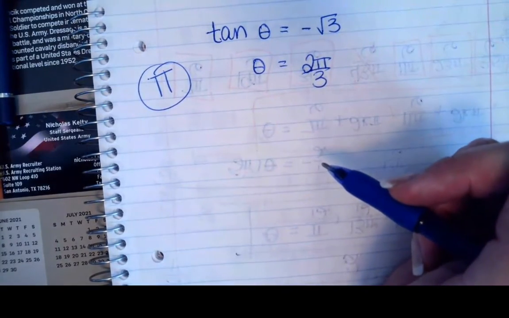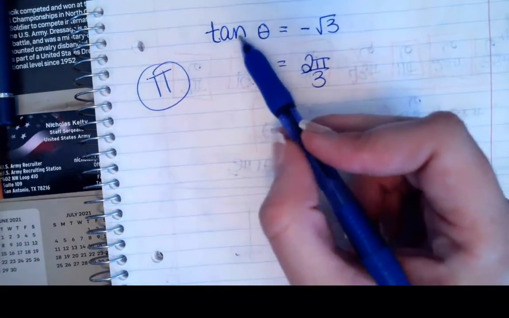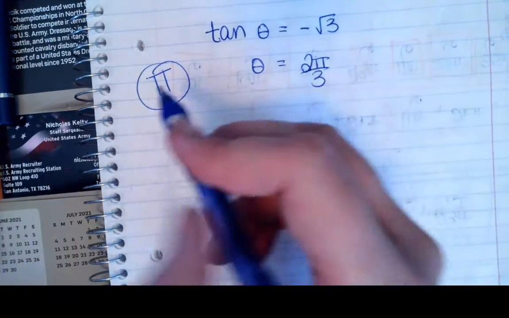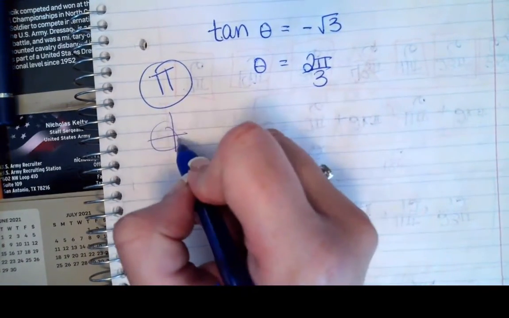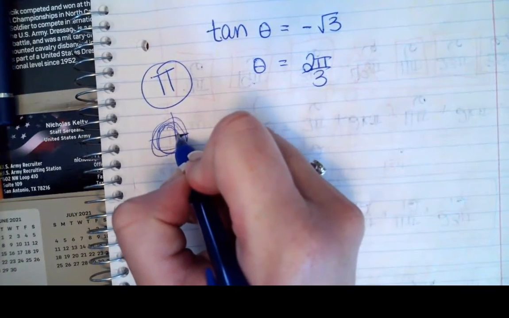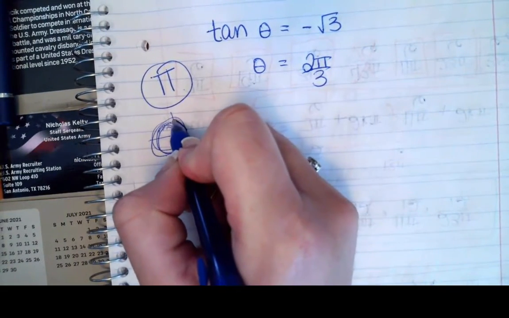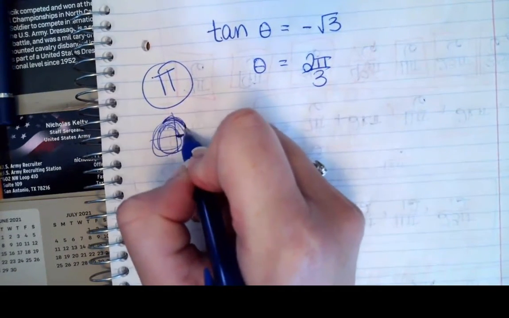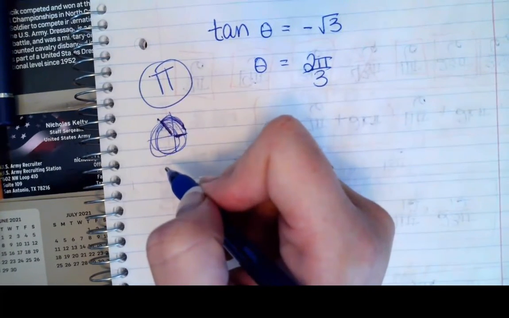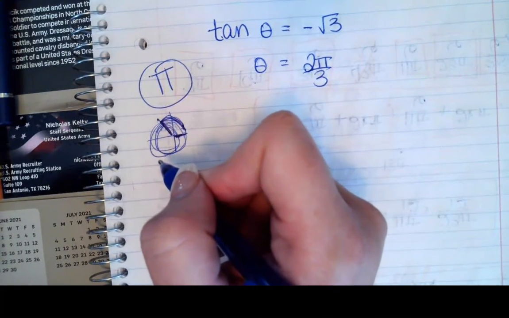I'm not talking about inverse trig functions. So don't sweep down to -pi over 2 and go up to +pi over 2. If I look at one lap of the unit circle starting in standard position, where's the first time that tangent has a ratio of -√3, and that's going to be at 2 pi over 3.